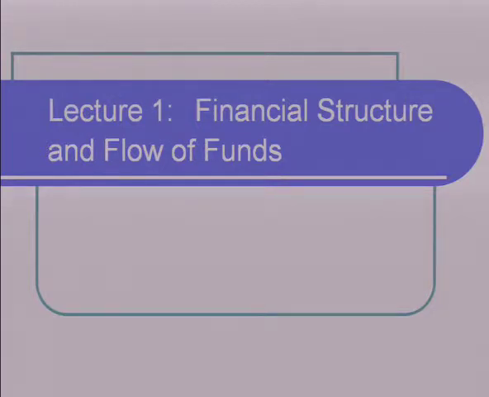Let's look at section 2 first of all, the course learning objectives. On completing this topic, students should be able to discuss the benefits of intermediated finance and interpret flow of funds matrices. Should be able to do that by today, or at least by the end of next week.